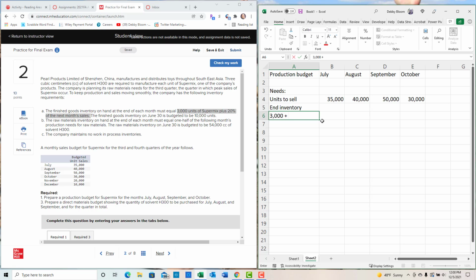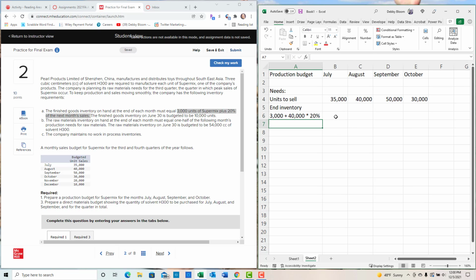The next month would be August, and August is 40,000, so plus 40,000 multiplied by 20%. I'm going to let Excel calculate that number for me. I'm going to tell Excel to take 3,000 and then add 40,000 multiplied by 20%. So 40,000 times 20% is 8,000 plus 3,000 should equal 11,000 units in the ending inventory.